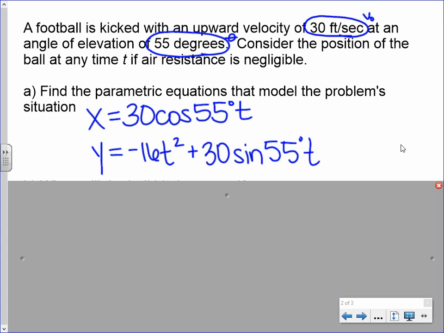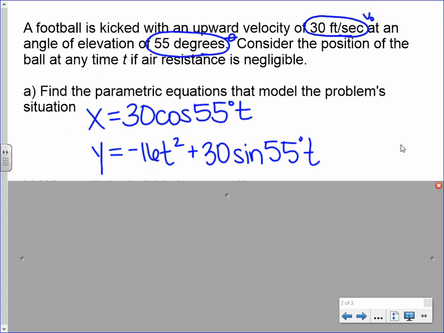Maybe how far will it go, at what time? Anything that deals with horizontal movement, we're going to use x.